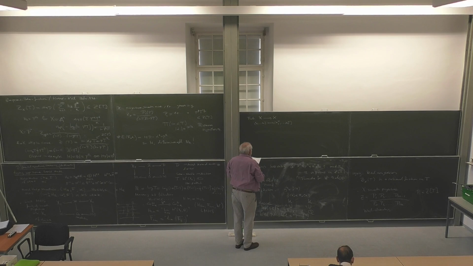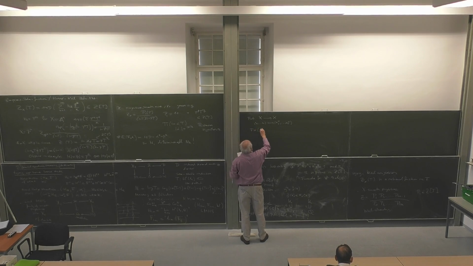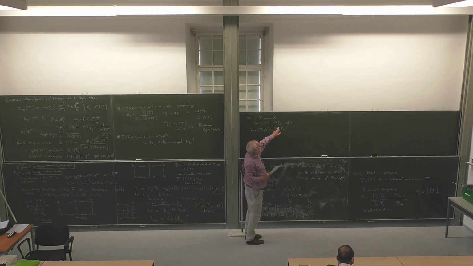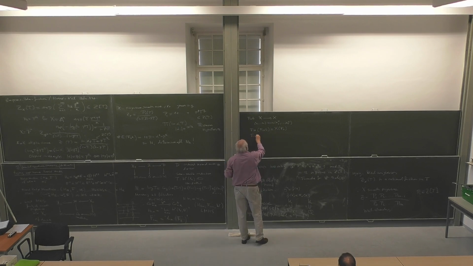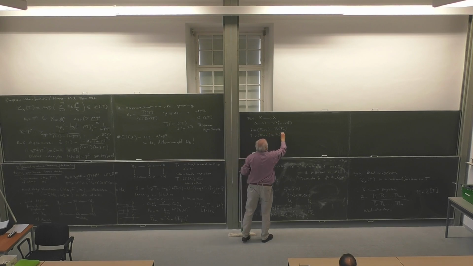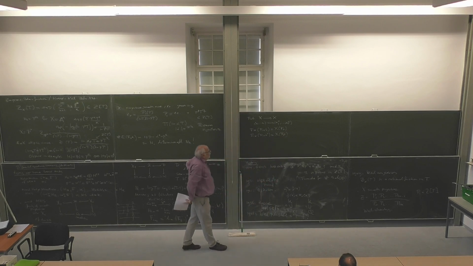And then the fixed points of the Frobenius map are just those points of the variety with x_i equal to x_i to the power p. So they are the elements in the finite field Fp. And you have the fixed points of the square of the Frobenius, and so on.